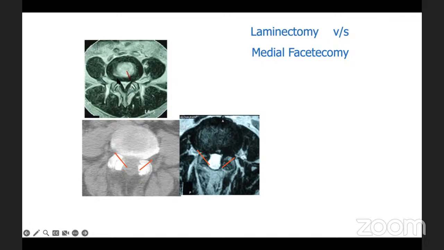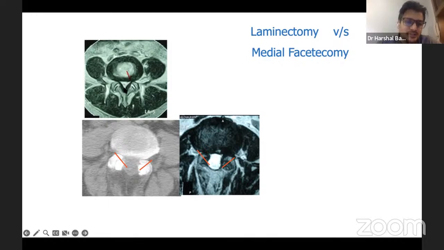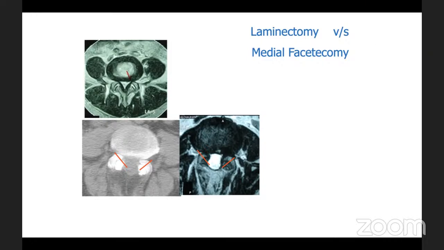The canal doesn't look wide enough or ovoid enough, so there's some amount of moderate to severe stenosis here. The lateral recesses are not well seen, though this is a representative cut. The roots in the lateral recesses are not very nicely seen, and the subarticular and foraminal component is not that well seen, and that is what we meant by this.